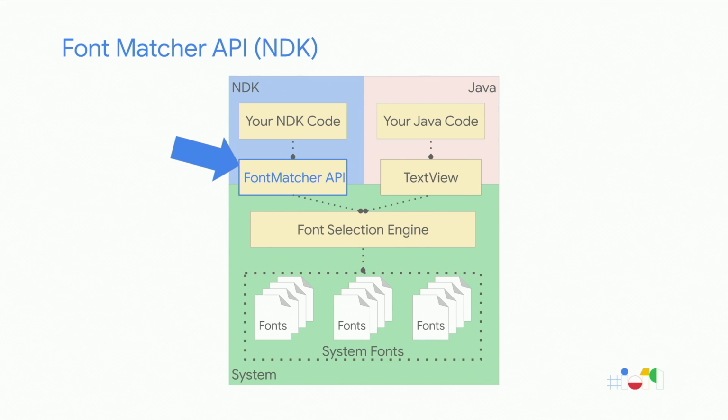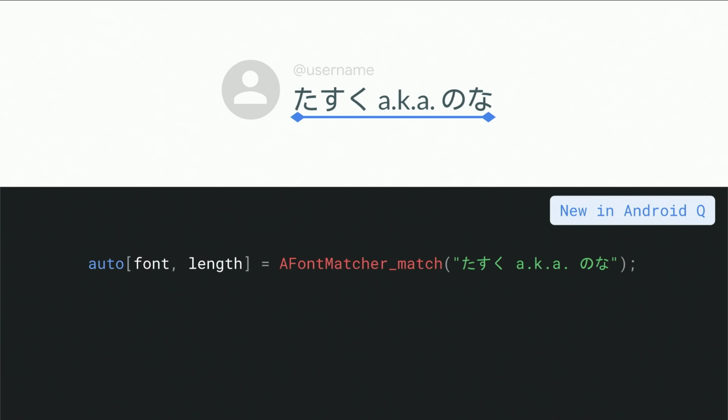OK, let's see how this works. Let's think with this example. The core API is the font matcher match function. This takes a search string and returns two outputs, font and length. Please note that this API is simplified for explaining behaviors.